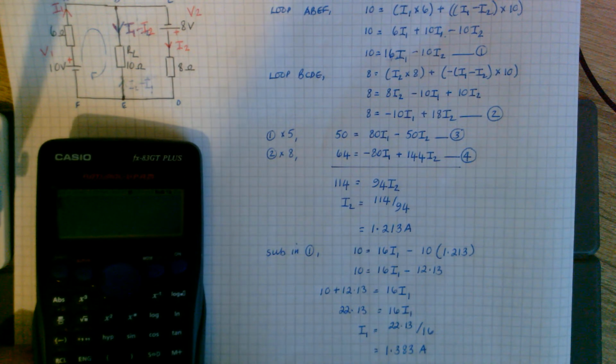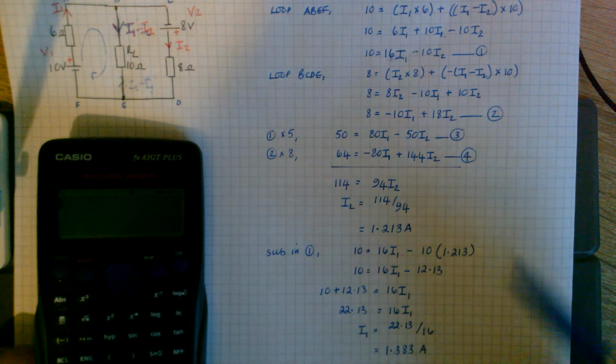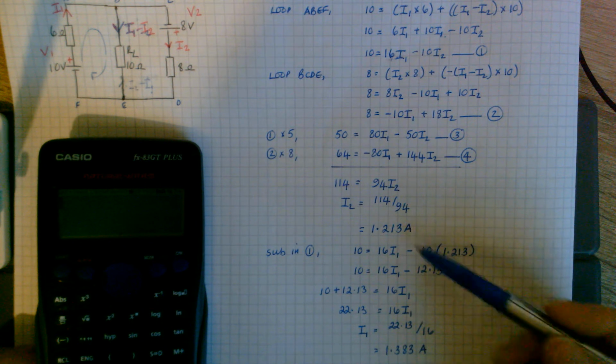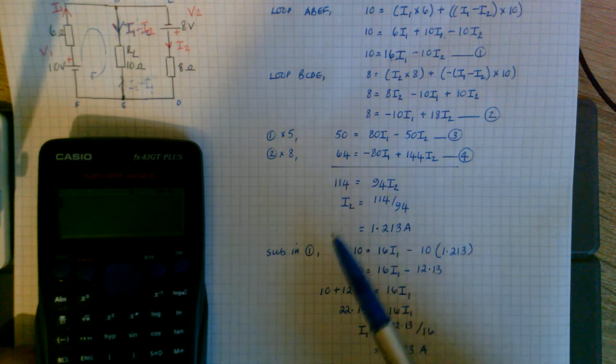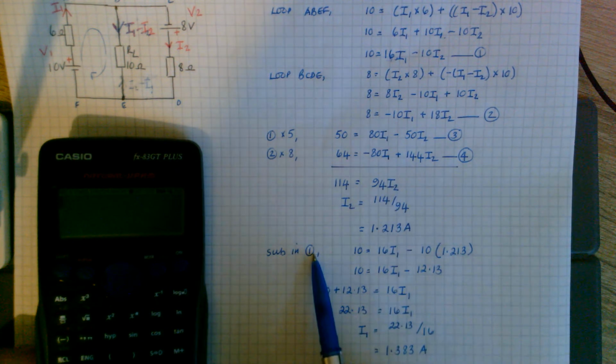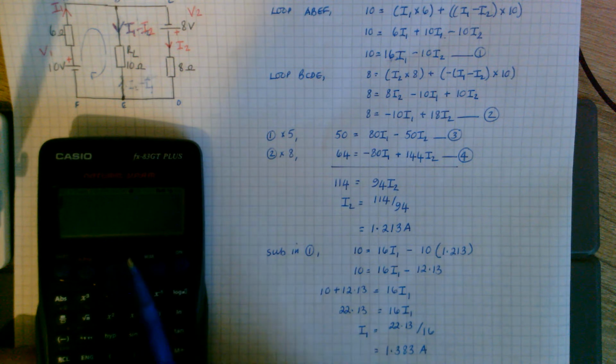Okay, so just to make sure that this is all correct and everything's going fine so far, I'm going to put my values for I1 and I2 into equation 2, because I didn't use that for my substitution, I used equation 1.